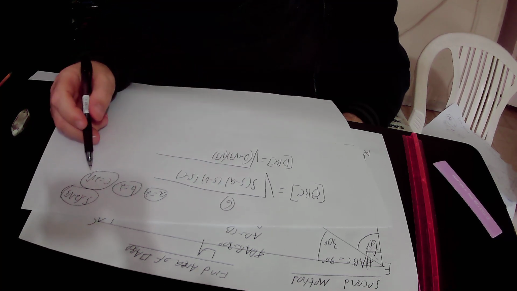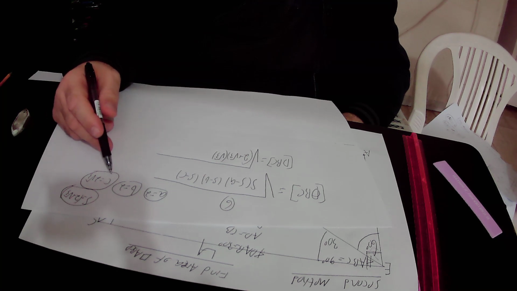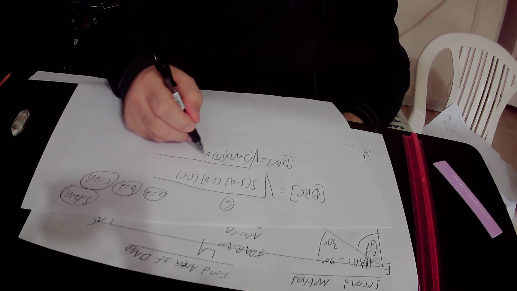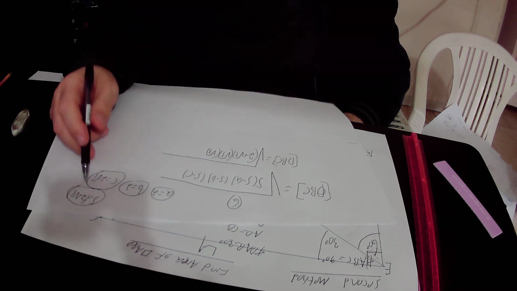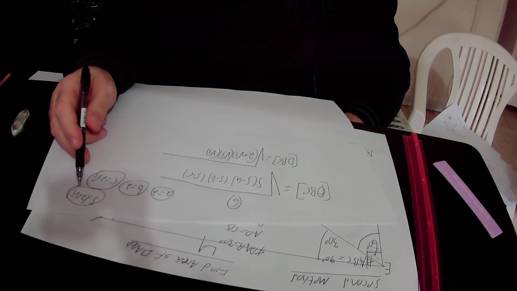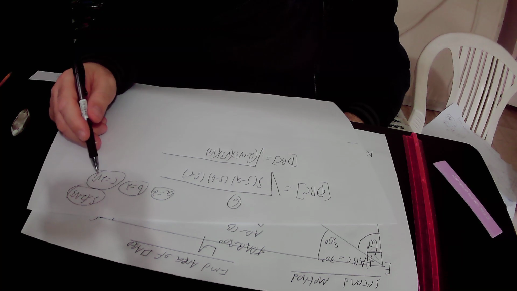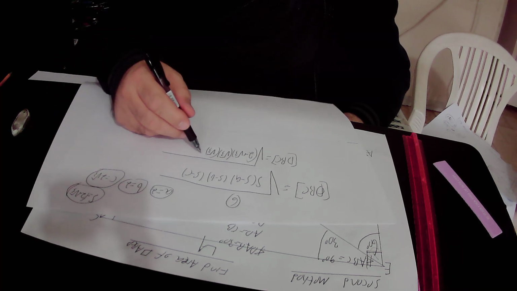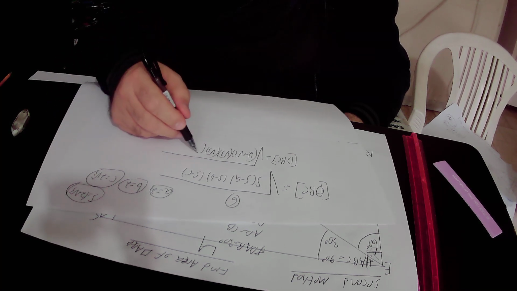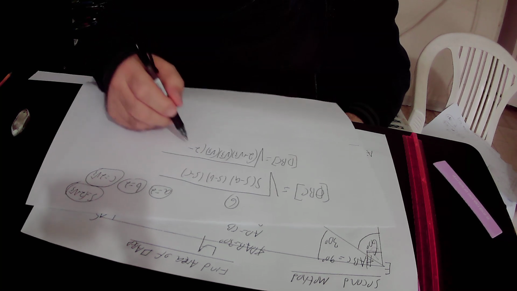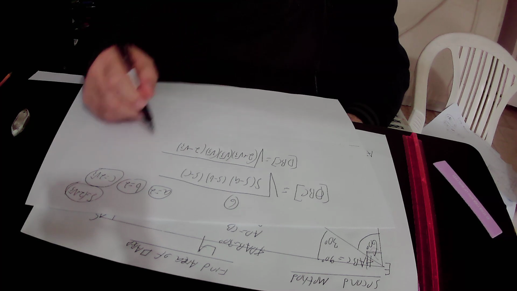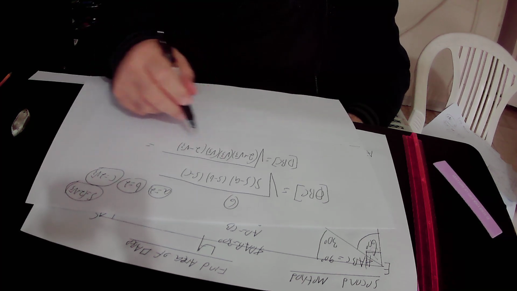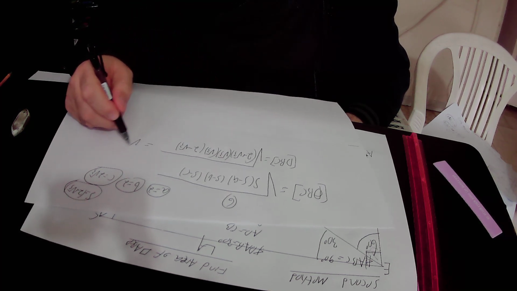S minus B is the same because B equals 2, so it is also square root of 3. And S minus C is 2 plus square root of 3 minus 2 square root of 3. That is actually 2 minus square root of 3.